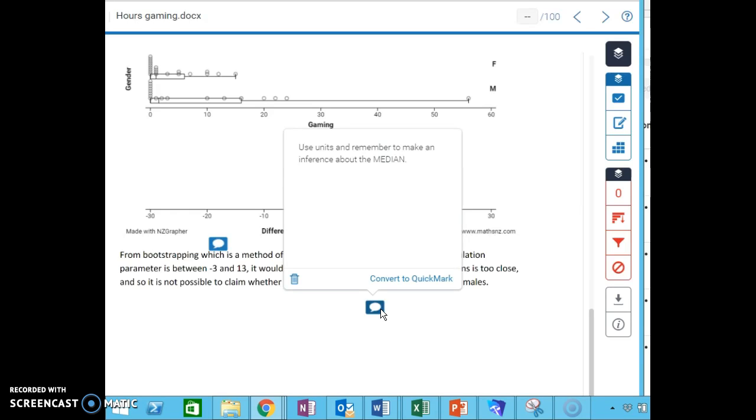If you want a good exemplar on Schoology, you'll see my exemplars about making an inference about the median. So it doesn't do either of those two things. If you look on the marking grid, you'll see you need sampling variability and you need to make an inference specifically about the population parameter. And in this instance, it's about the median.